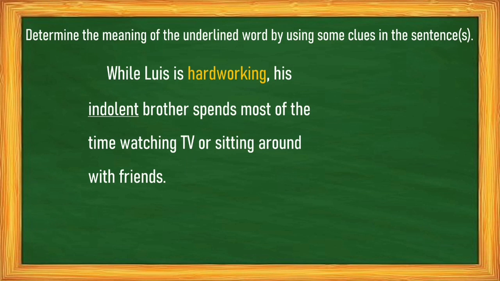And then we also have another clue, the word while. So while may mean but. So it seems that these two words, hardworking and indolent, are opposite. Now, since this is the case, what do you think is the clue used in this sentence? Amazing. That is antonym.